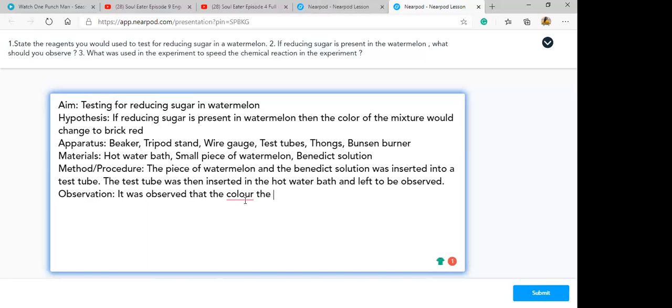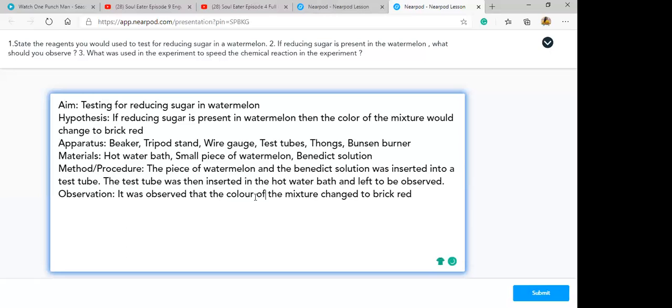I was thinking the mixture. To go over the color of the mixture.